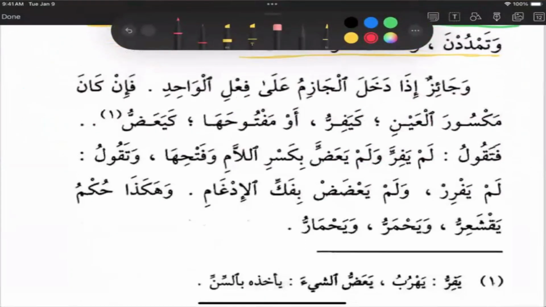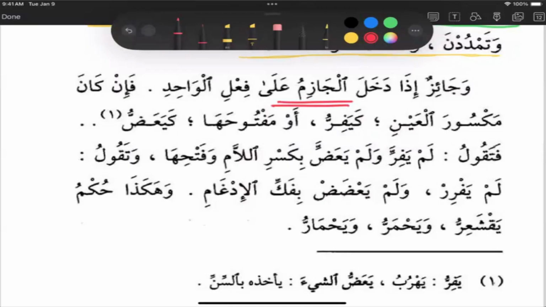وجائز إذا دخل الجازم على فعل واحد. The merger is permissible, meaning you have the option to do it or not, when the jazim comes upon the verb. What's the jazim?